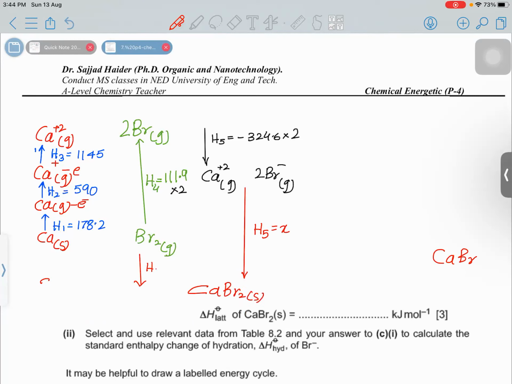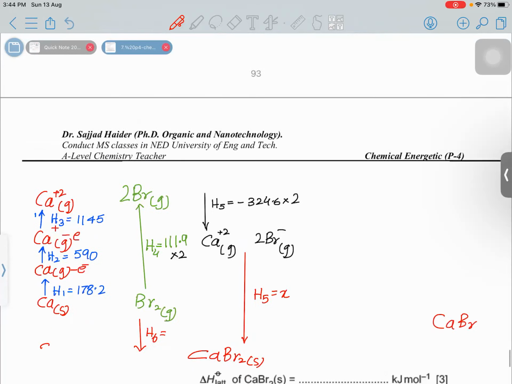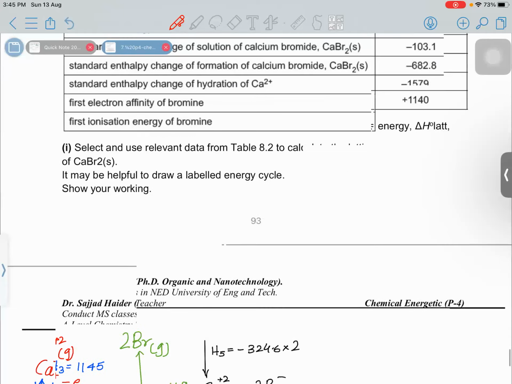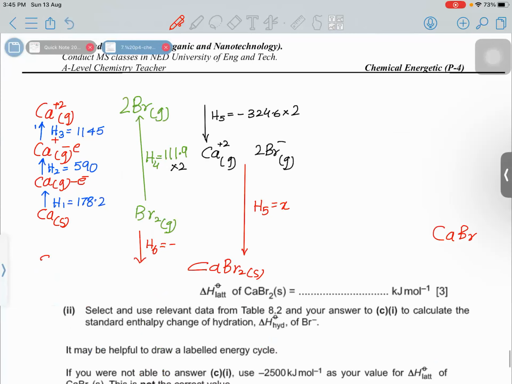This is H6. H6 is the formation of CaBr2. Can you tell me the value? Minus 682.8. Sorry, can you tell me again? Minus 682.8.